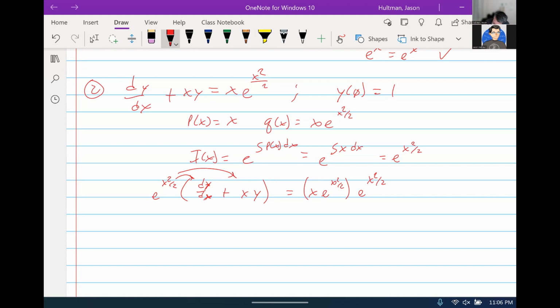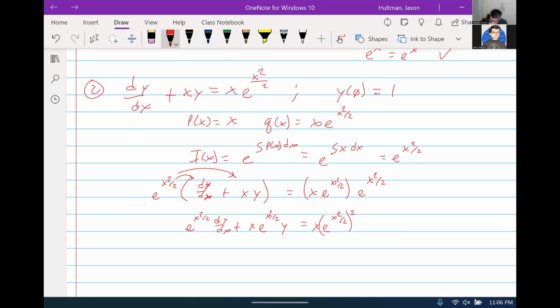You've got e to the x squared over 2 dy dx plus x e to the x squared over 2 y equals x times, and we've got 2 of these now, so that's e to the x squared over 2 times, meaning the whole thing squared, not just the exponent.